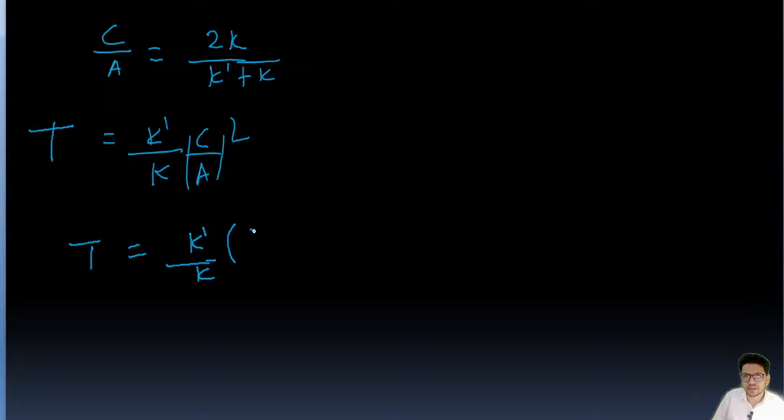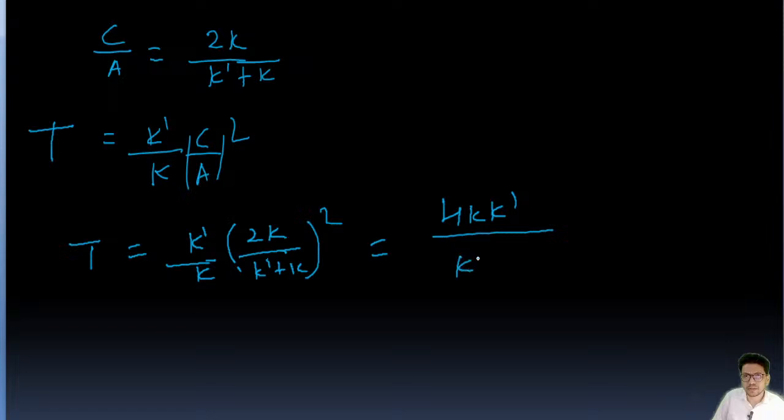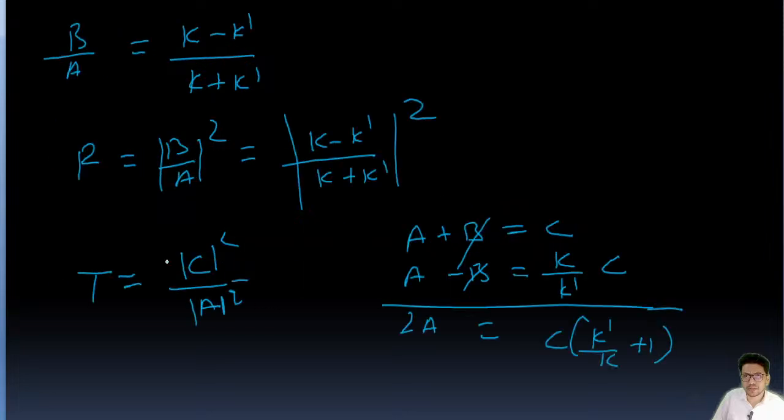So this is going to be K dash upon K into (2K upon K dash plus K) whole square. This value gives 4KK dash upon (K dash plus K) whole square. This is the transmission coefficient and the other is the reflection coefficient for the second case.